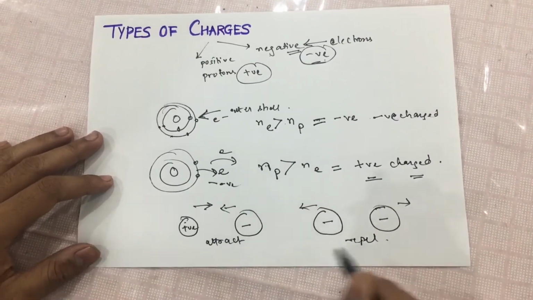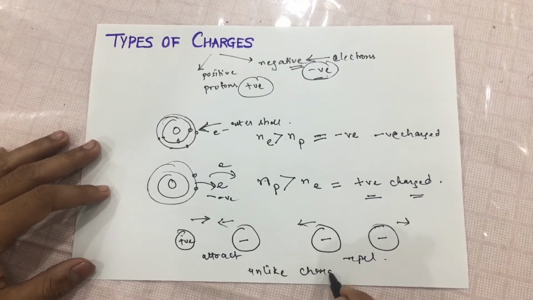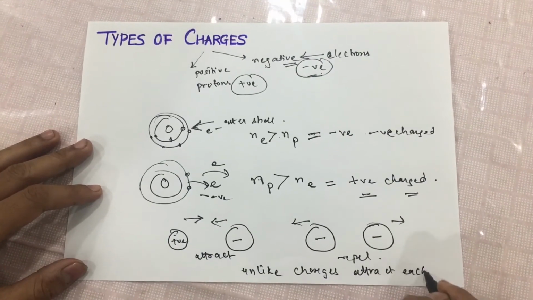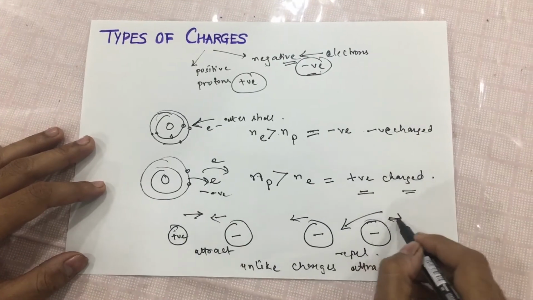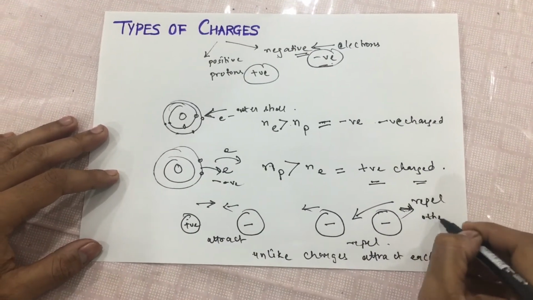So we can say unlike charges attract each other, and like charges, as we have seen in this case, they tend to repel each other.